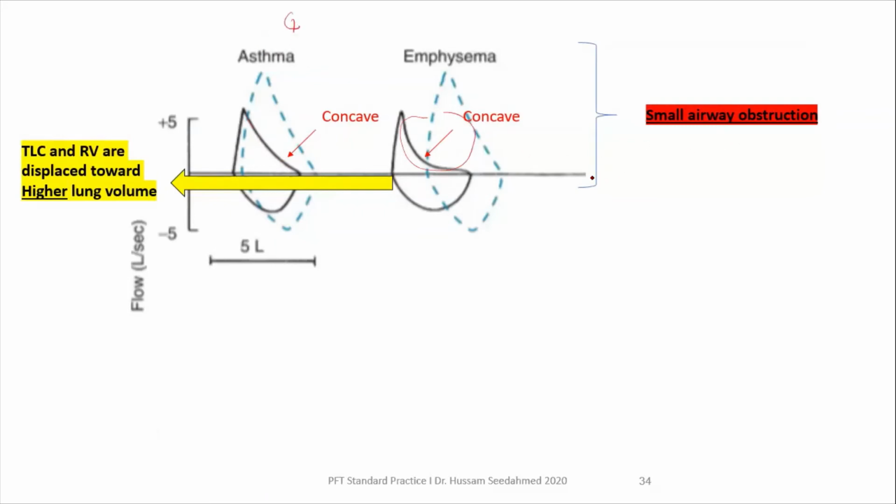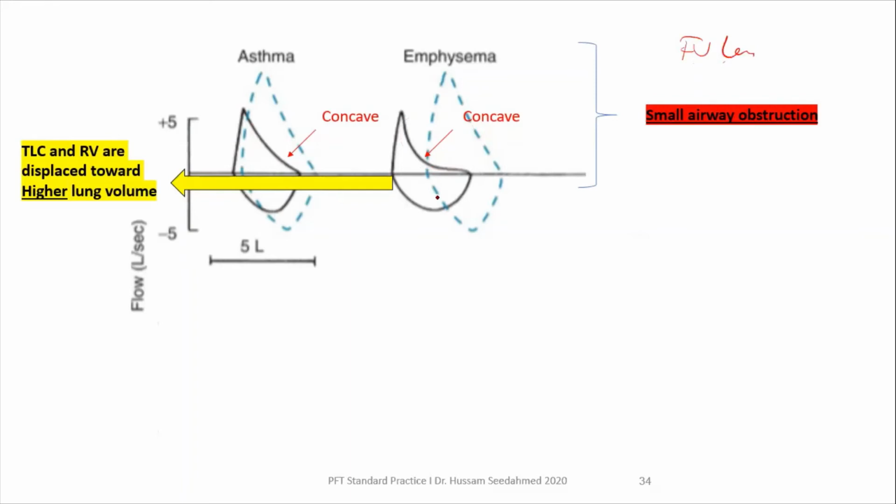طيب number two، لو مذكرين قبل انه انا قلت هنا عندي الريزيديوال فوليوم وهنا عندي التي ال سي، مذكرين قبل في الفلو فوليوم لوب. Now one thing is that دائما ال obstructive lung disease انا بتكلم عن I'm talking about the flow volume loop.